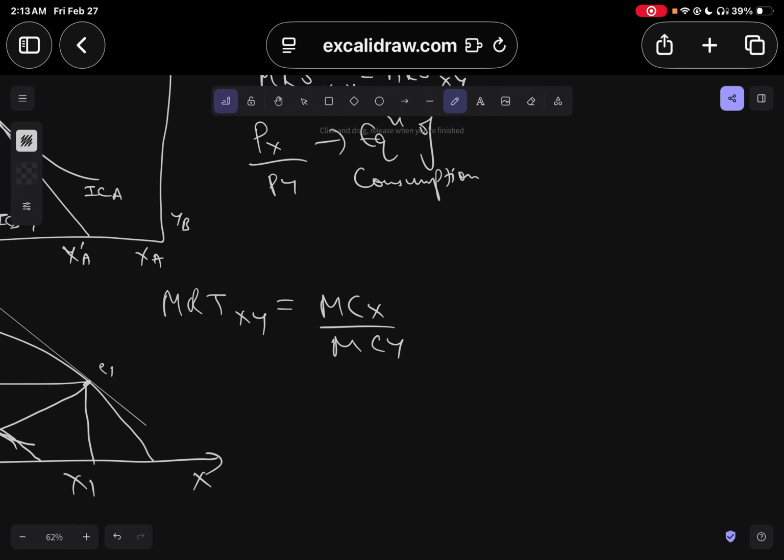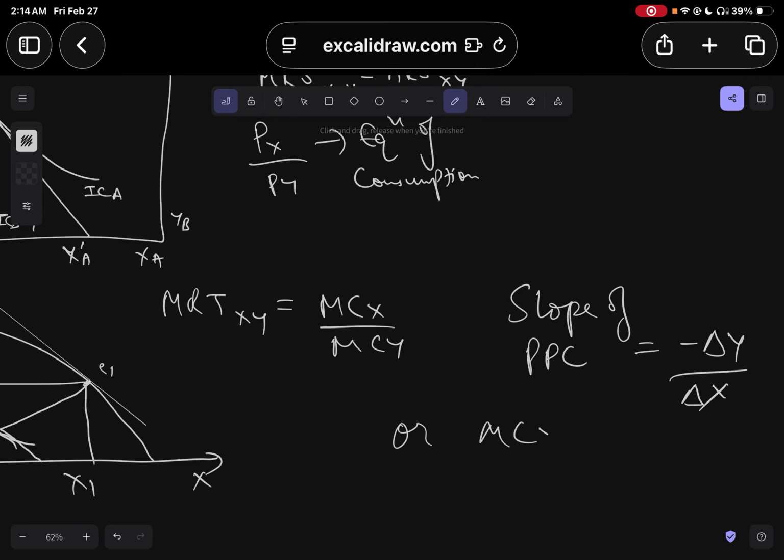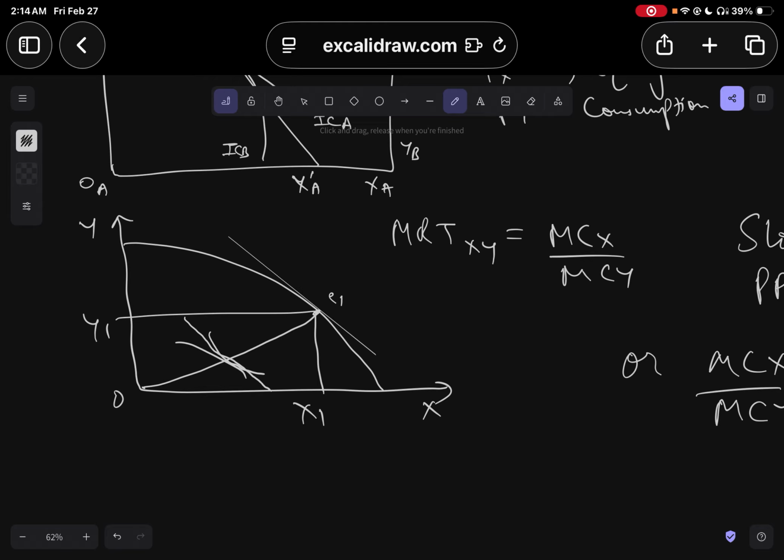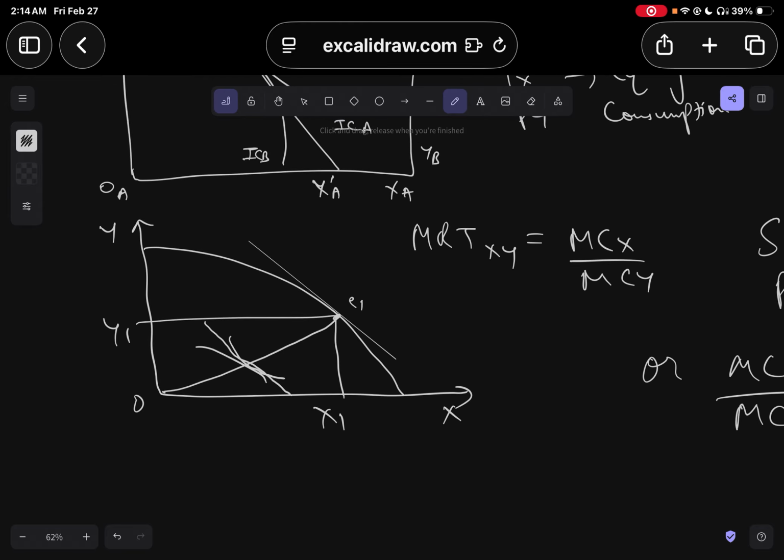Slope of PPC is minus delta y by delta x, or MCx by MCy. On the PPC, using the production contract curve, this one, point E1 can be traced such that the economy produces x1 units of x and y1 units of y.